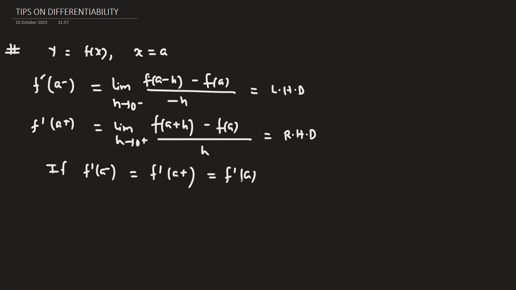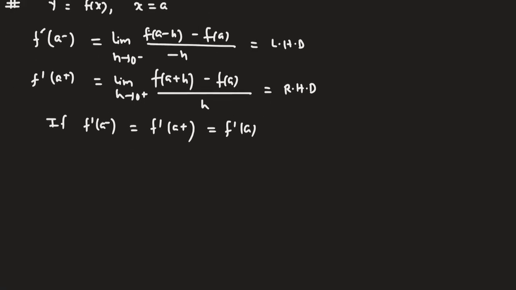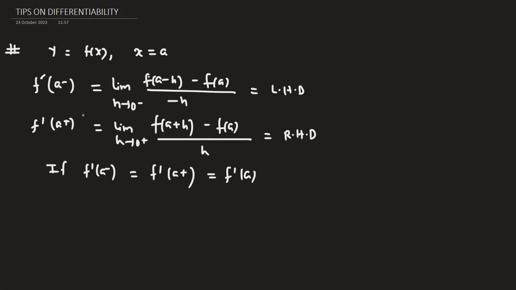But there are some lines which we call vertical tangents. When we calculate the derivative, we are getting the slope of the tangent. But if the tangent is vertical, these definitions of left hand derivative and right hand derivative will not work for the vertical tangent.